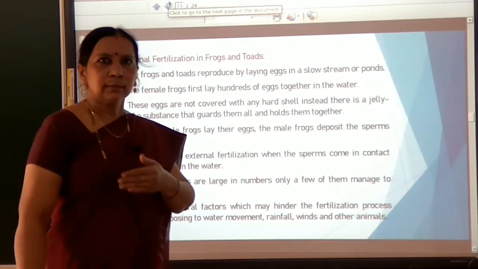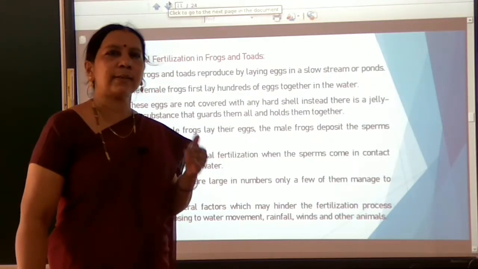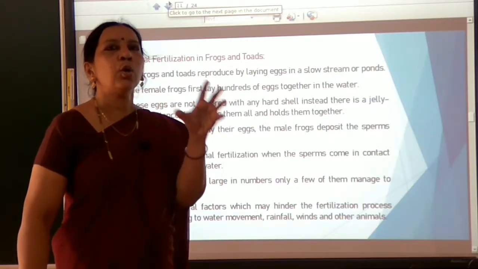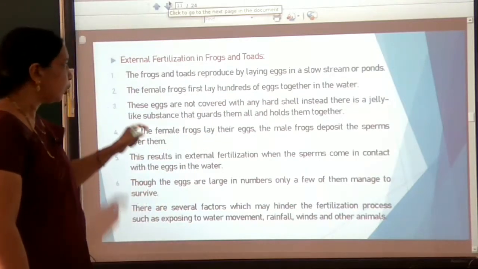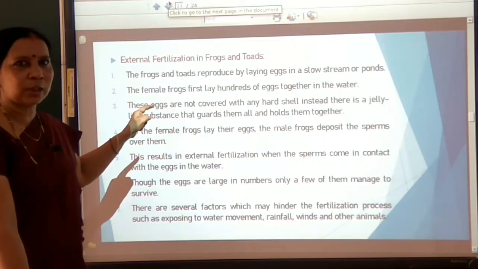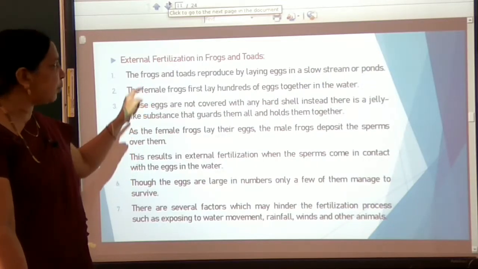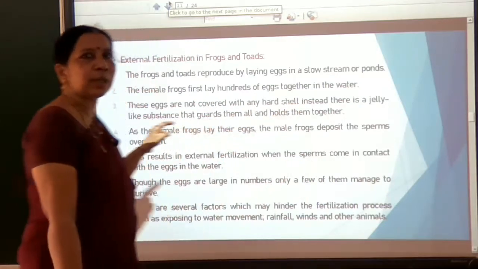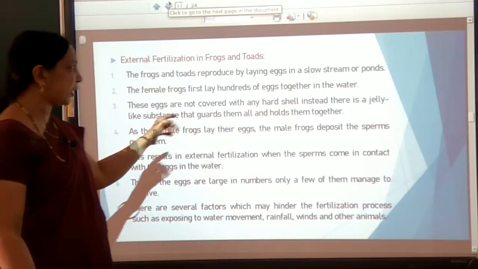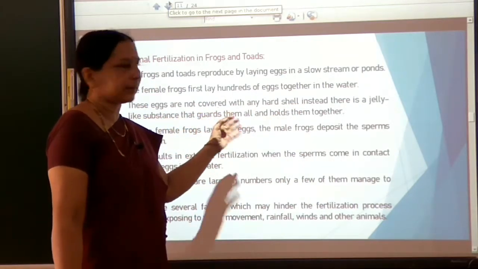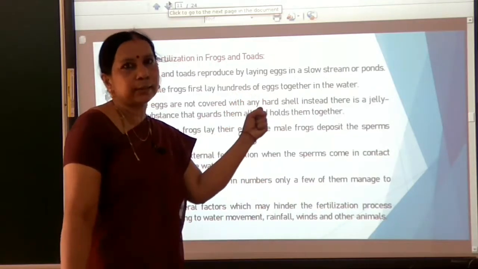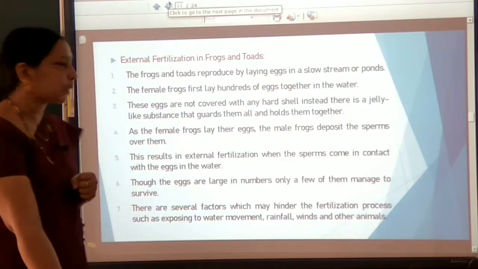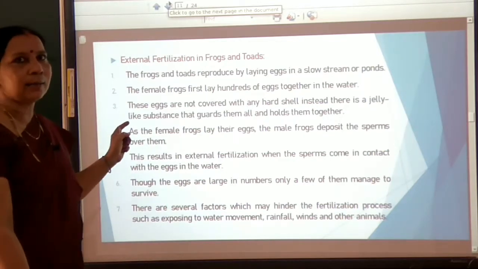Here a jelly-like substance holds the eggs together, instead of hard shells.